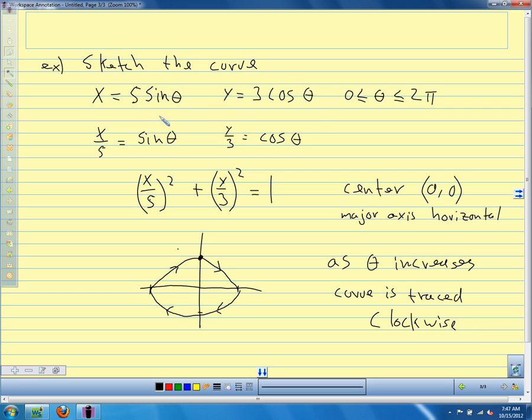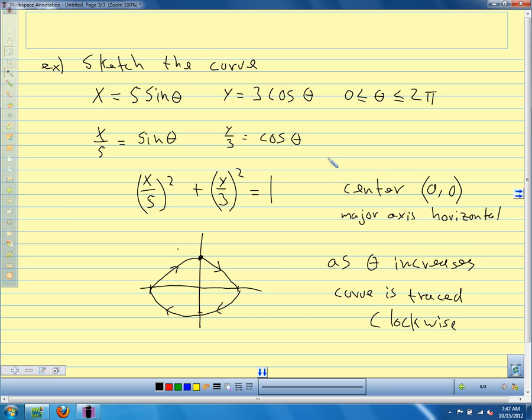So when we see sines and cosines, to eliminate our parameter, think sine squared theta plus cosine squared theta equals 1. That's usually a good place to start working when you have sines and cosines. You could work with inverse sines and inverse cosines, it's just your functions get a lot messier. The main reason we eliminate the parameter is to help with curve sketching.